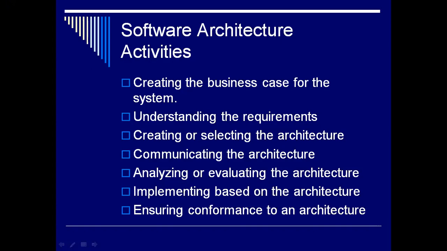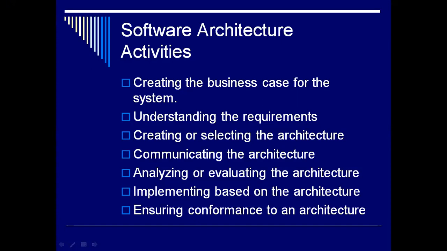After communicating and getting approval, we have to analyze or evaluate that architecture. What is analyze and evaluate? Actually, you have to start working on that architecture, on a particular requirement. Right now we are just focusing on information gathering, then selecting or creating the architecture.